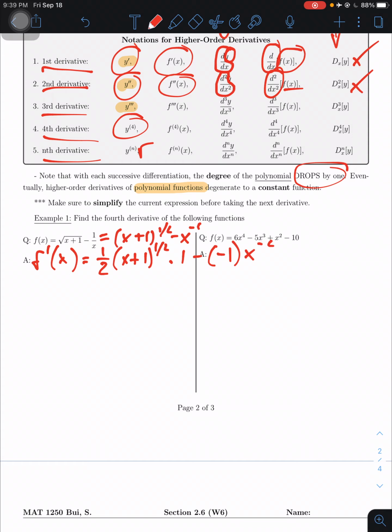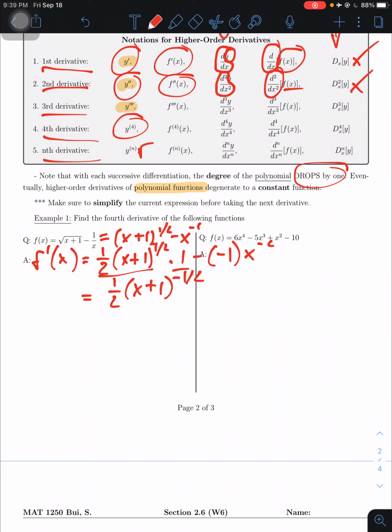Let me simplify this expression before I go further. I get 1/2, and wait, I'm missing a minus here, because the new power would be 1/2 minus 1, which is negative 1/2. Then anything times 1 becomes itself, so I get 1/2 times (x + 1) to the power of negative 1/2.